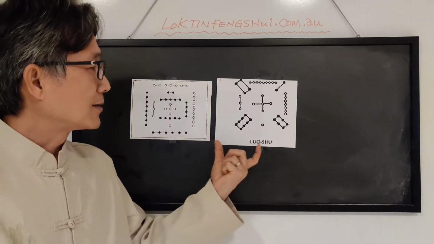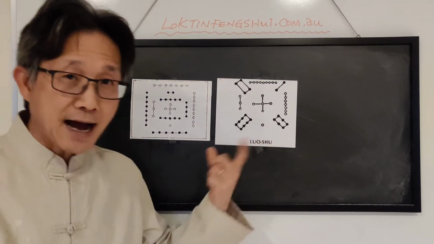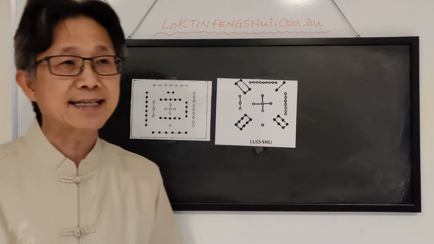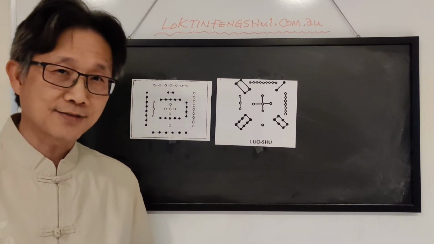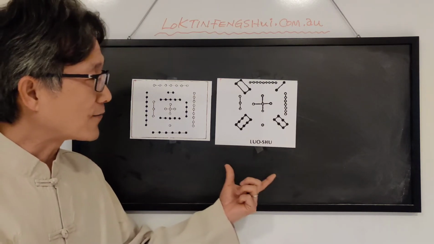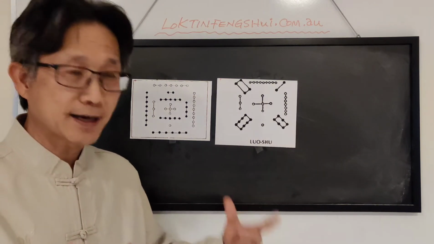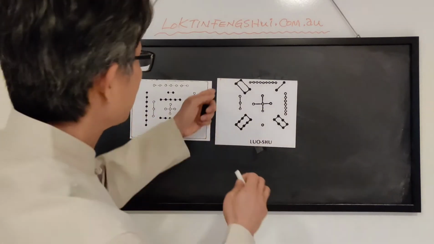So the Lo Shu, I believe, is also a calendar, but it is measured more on the earth, on the ground. And by converting the dots to numbers, we can get this chart.